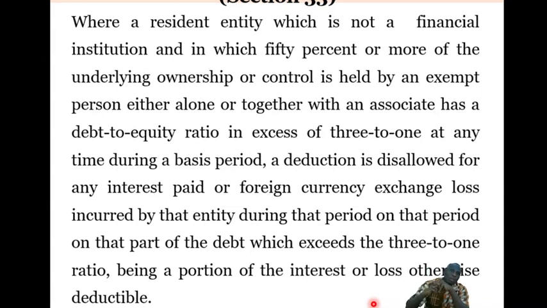So what this one is trying to say is that, and note, if you are learning this topic, it is between two related parties or associated persons. The first person is called an exempt person. Then the second person is called an exempt controlled resident entity.